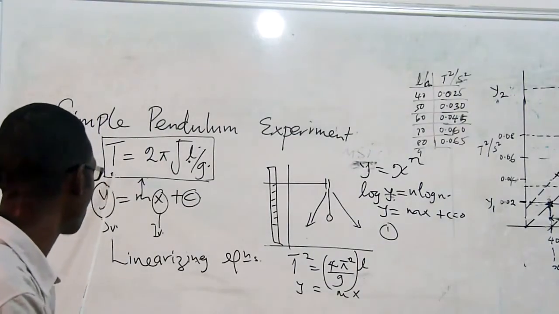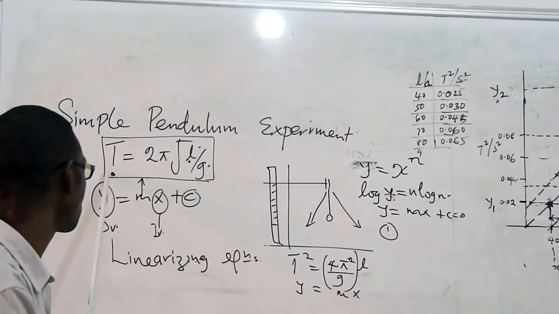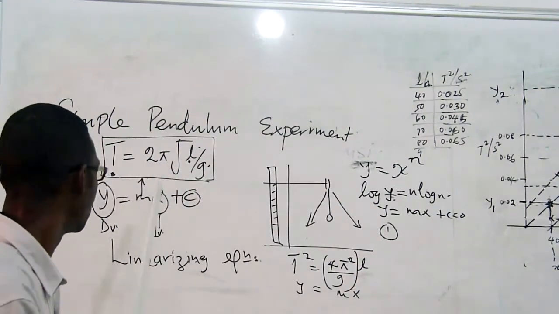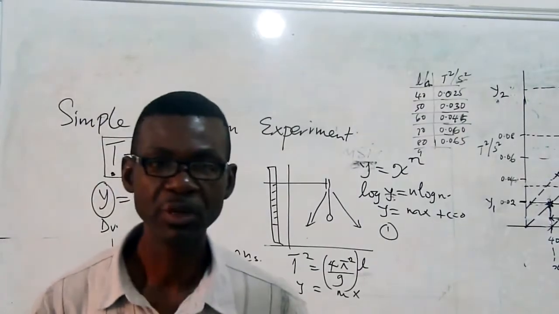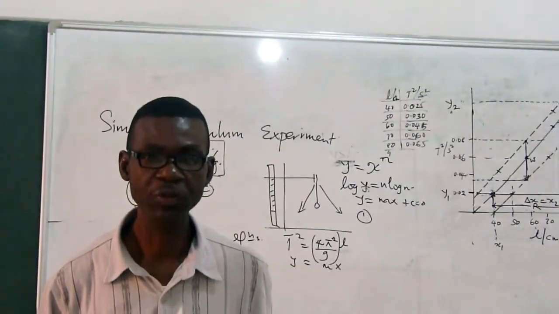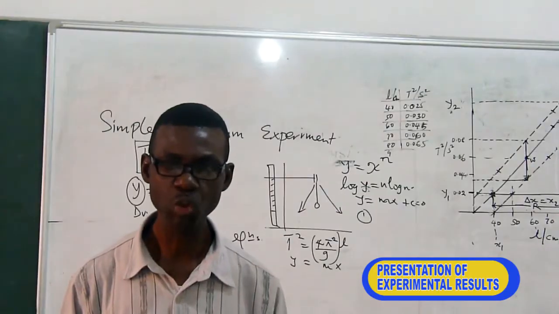Now, this equation, as you look at it, is not a straight line equation, because this is T equals 2 pi root L over g. Most of the time at this level, when we have an equation like this, it is required of you that you linearize the equation.